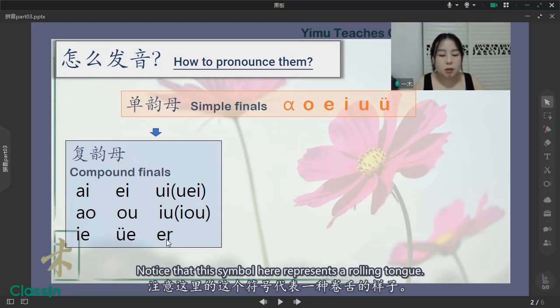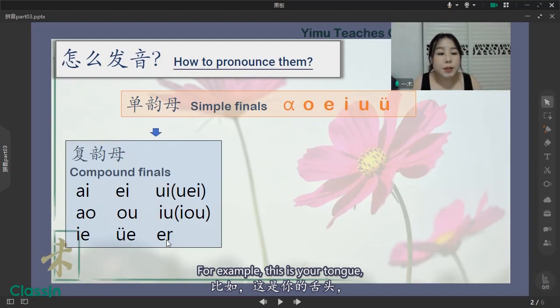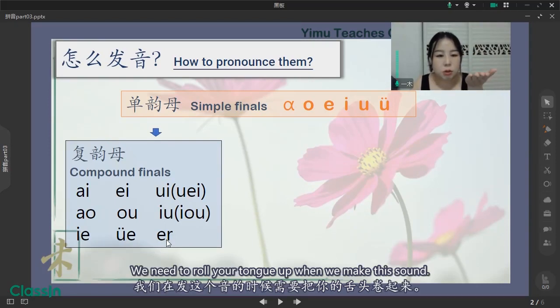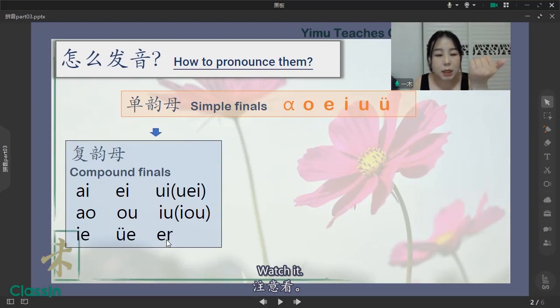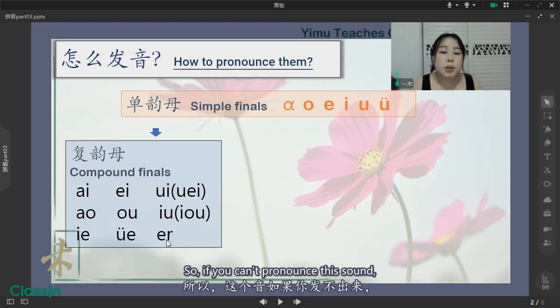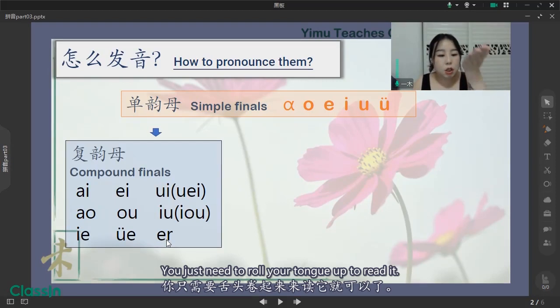Notice that this symbol here represents a rolling tongue. For example, this is your tongue. We need to roll your tongue up when we make this sound. Watch it. So, if you can't pronounce this sound, you just need to roll your tongue up to read it.